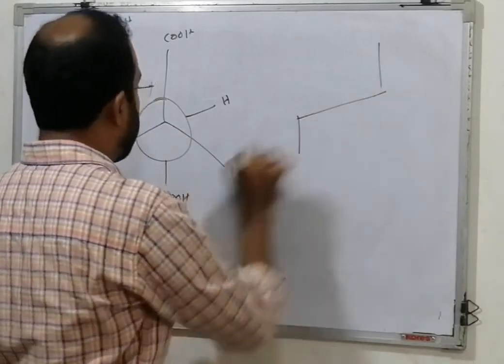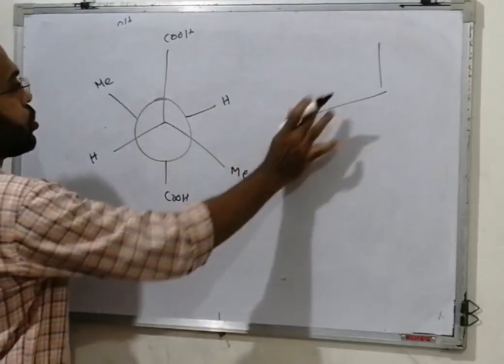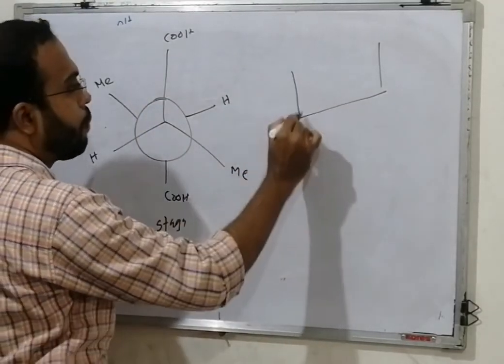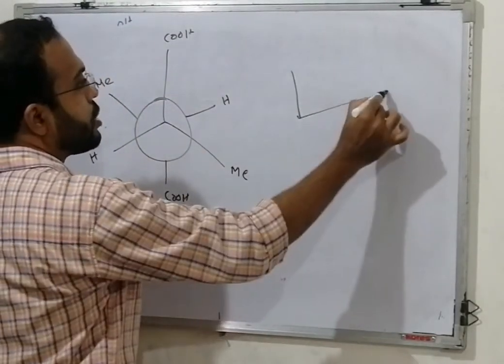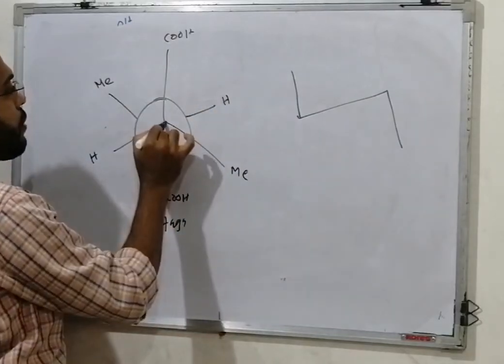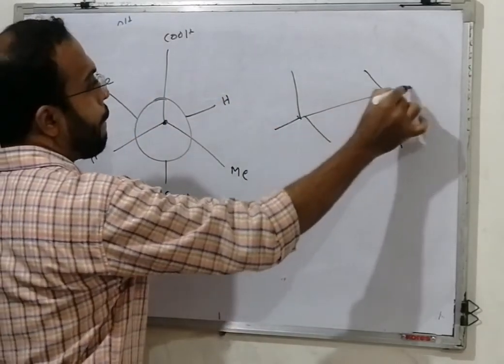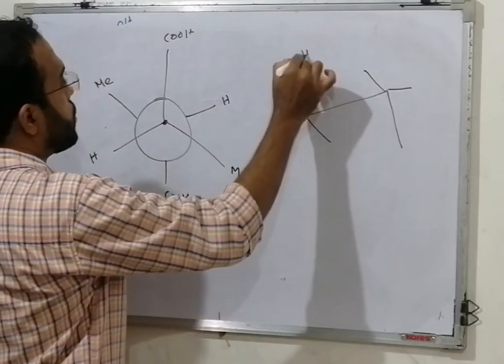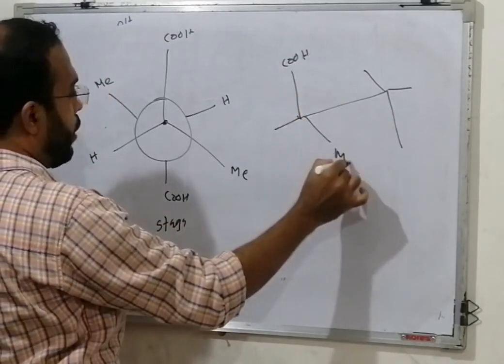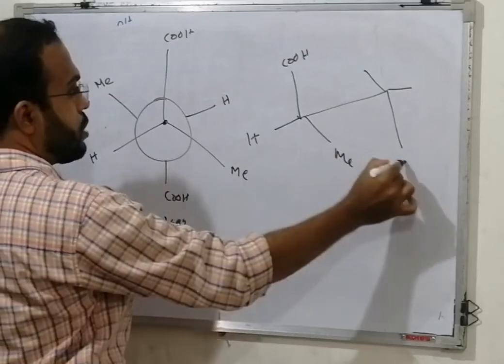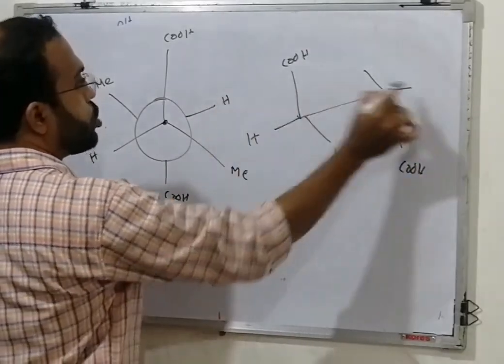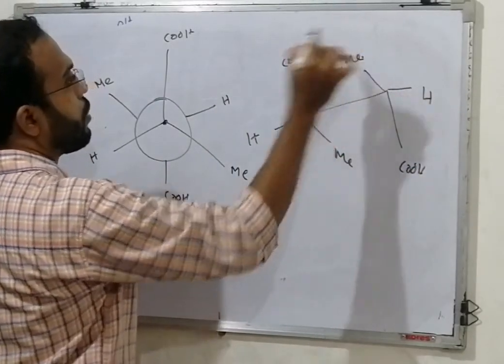Staggered one, down and up. Front is up, back is down. This is a front carbon. COOH, Me, H, COOH, this position H, this position Me.